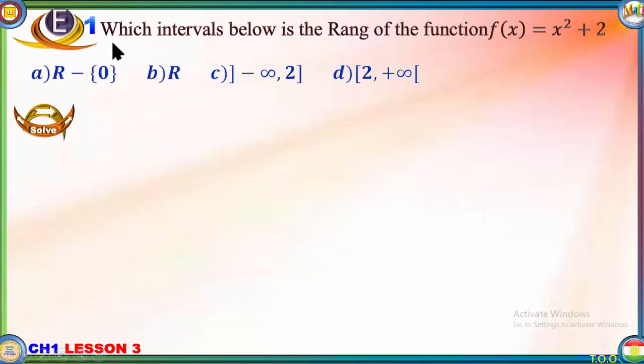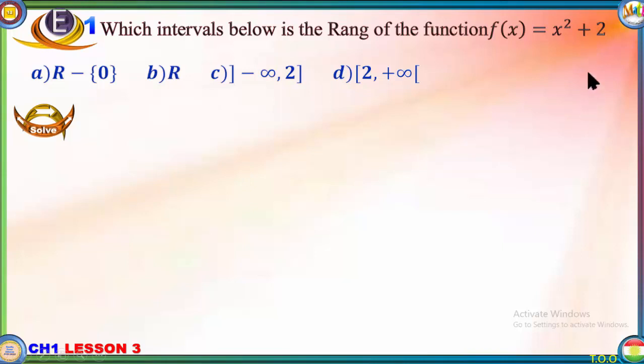Example number 1. Which interval below is the range of the function f(x) = x squared + 2? The domain of this function is all real numbers, as we know that for polynomial functions, the domain is the real numbers.